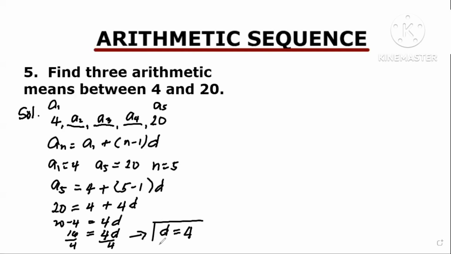Now, since we have solved for d, we can now solve for a sub 2, a sub 3, and a sub 4. So a sub 2 is equal to a sub 1 plus d, or 4 plus 4 equals 8. And to solve for a sub 3 is equal to a sub 2 plus d, or 8 plus 4 equals 12.